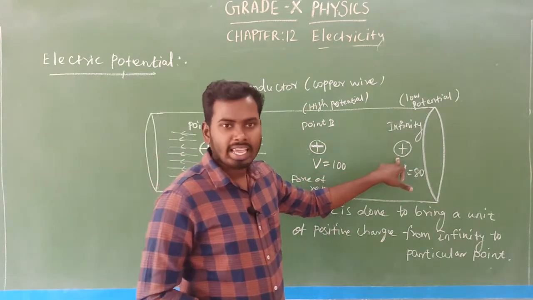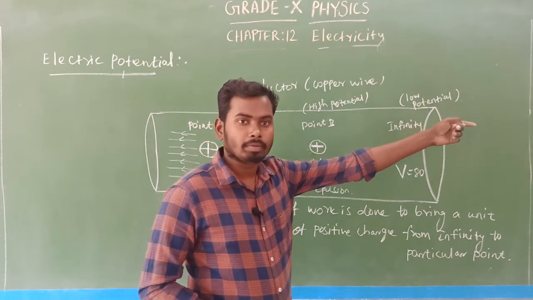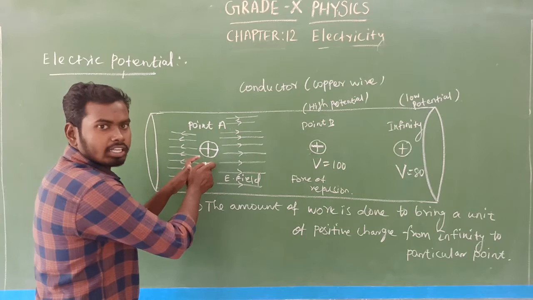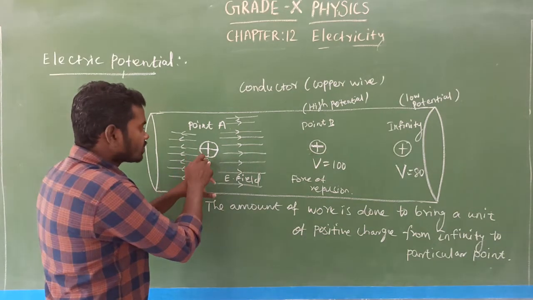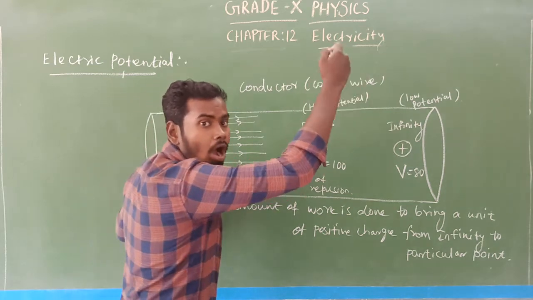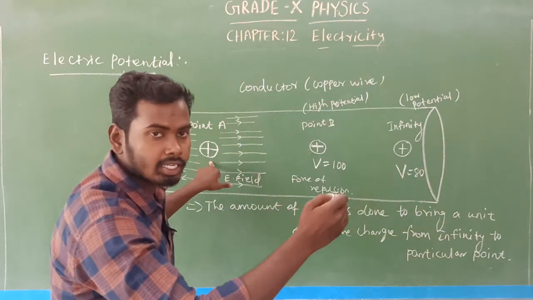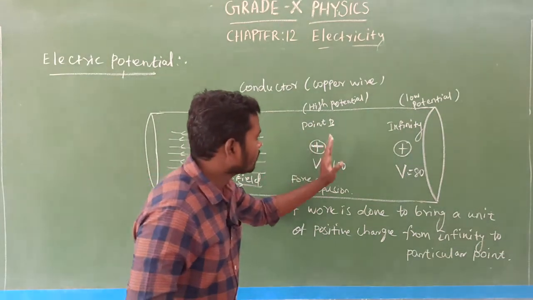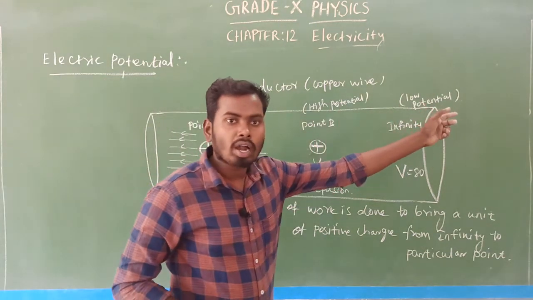Consider the another same positive charge placed at infinity. So the influence of the charge placed at point A will be there up to infinity. So this charge's electric field will be here, and will be zero at infinity.